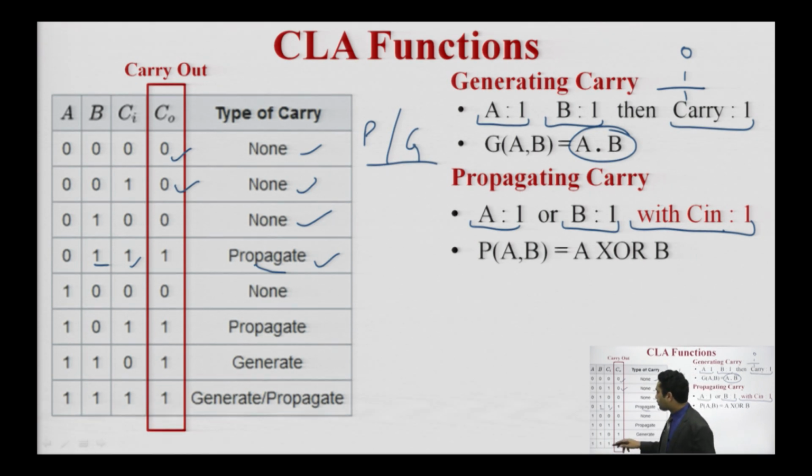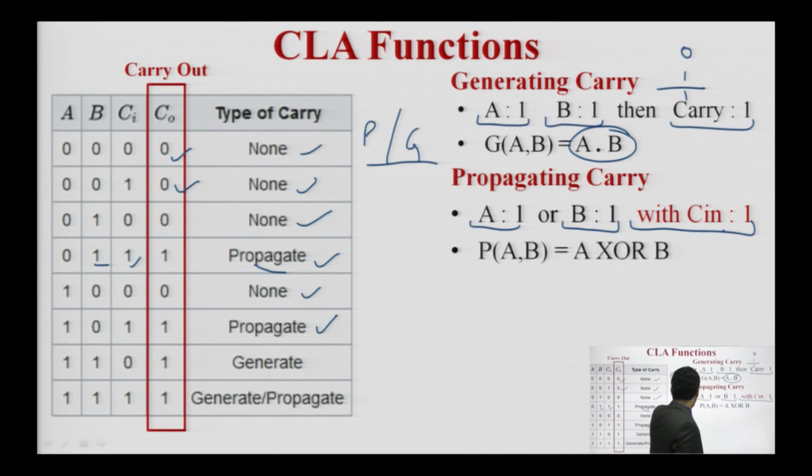Similarly, when A is 1 and carry is 0, in this case none of the operations, propagation or generation, is performed. This case says propagates. And what about the next one? If A and B both are 1 and carry doesn't matter, A and B both being 1 means the main part is generating the carry.